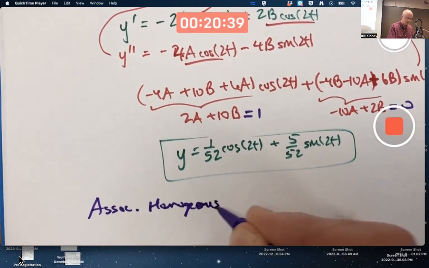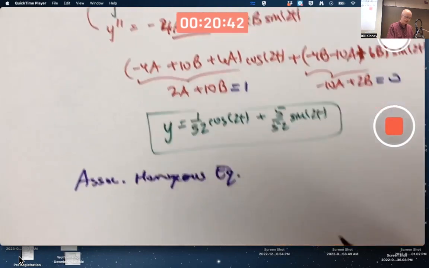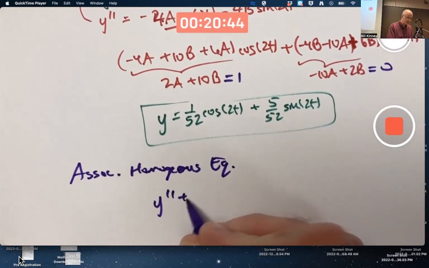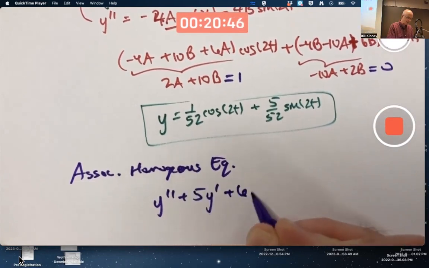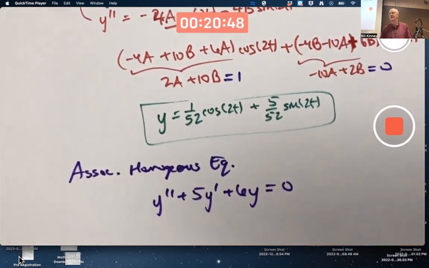Homogeneous equation: y double prime plus 5y prime plus 6y equals 0. This is a different differential equation than the original.